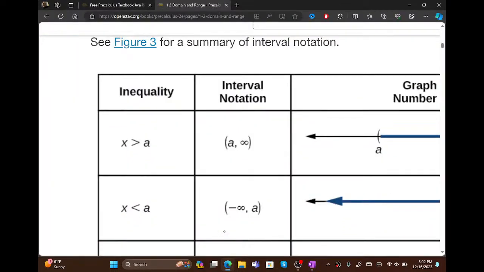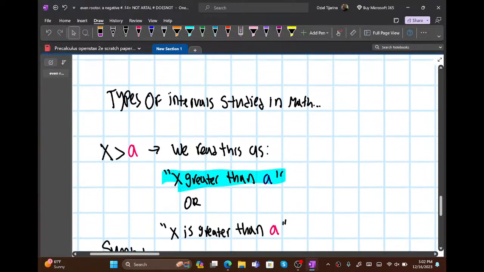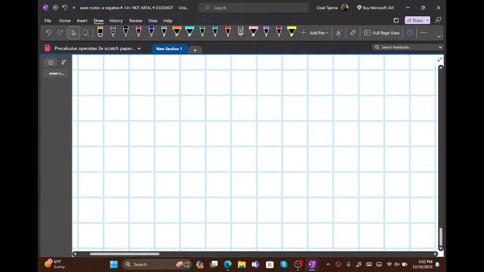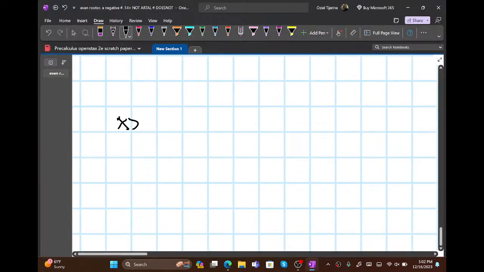Like I said, x is greater than a, right? We read this as x greater than a, or x is greater than a.